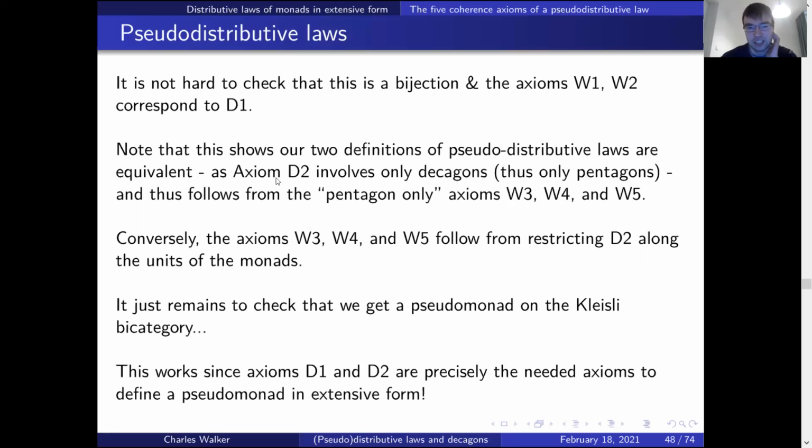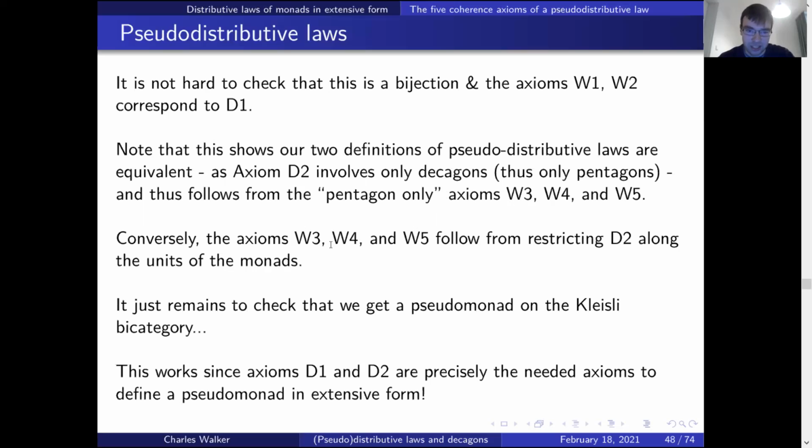And actually, this shows that these definitions are equivalent, because this scary looking axiom involving the plane's pentagon, axiom D2 I was calling it, involves only decagons, but the decagons are constructed from only pentagons. And so that actually follows from the pentagon-only coherence axioms for pseudo-distributive laws, which are exactly those 3 coherence axioms.